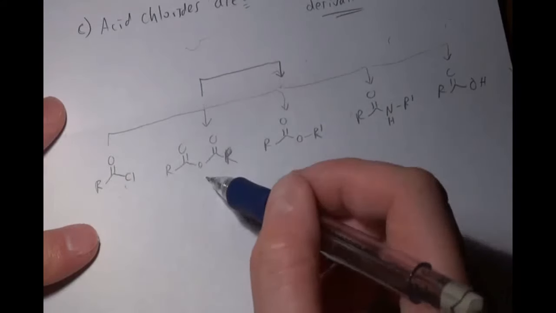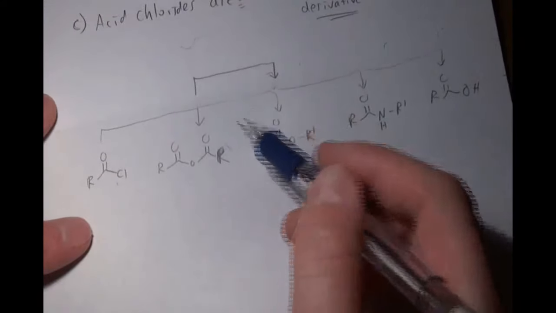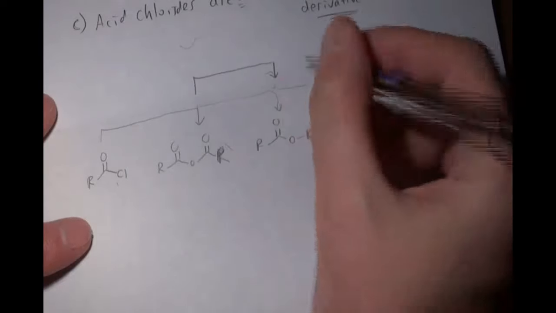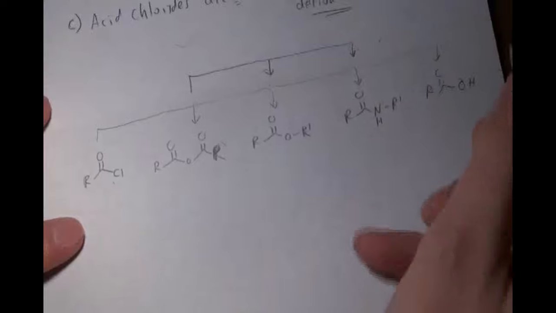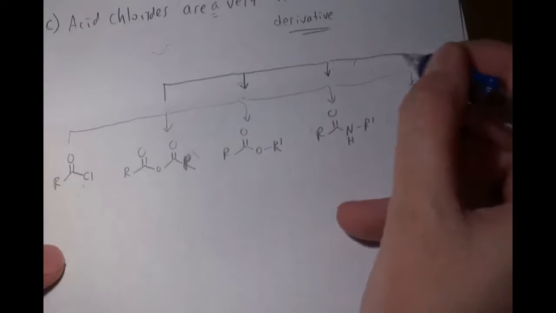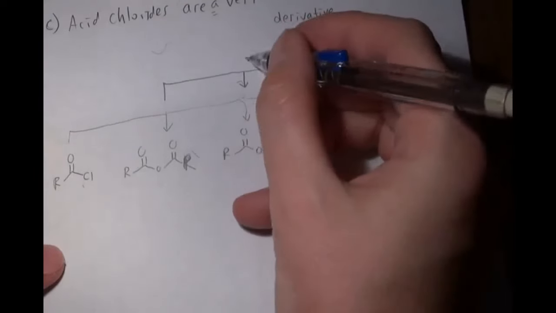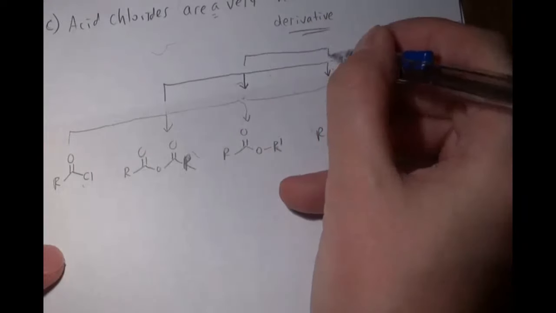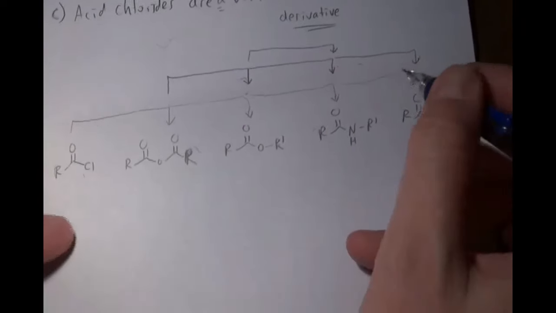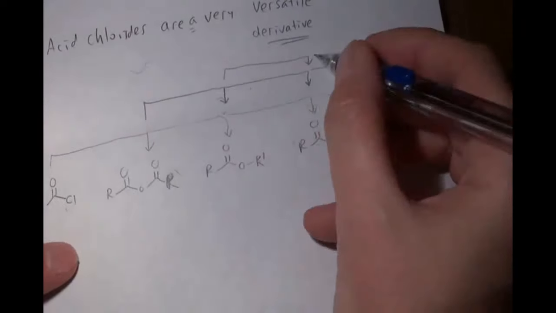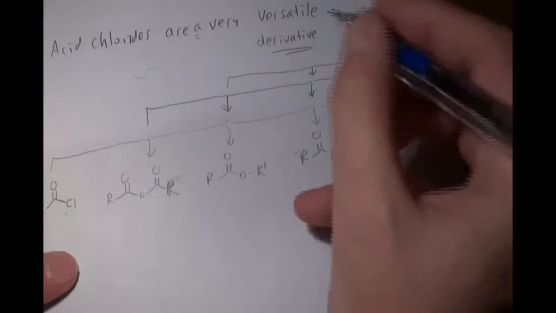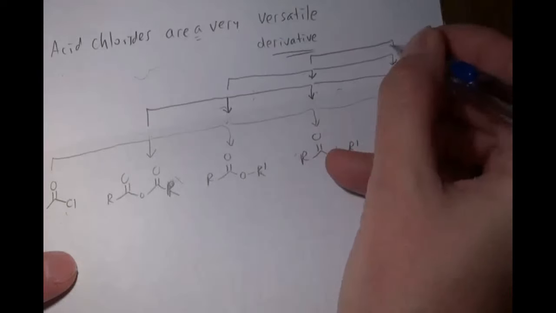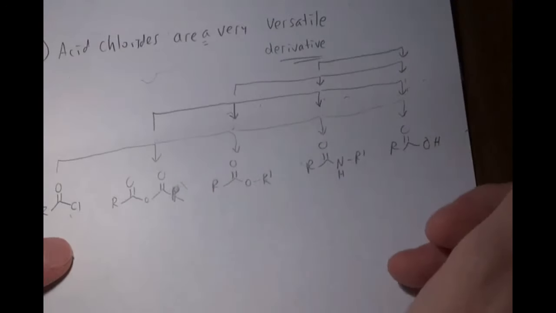It can only make things to its right. So the anhydride can be converted to an ester really easily, or to an amide really easily, or to a carboxylic acid really easily. And an ester can be converted to an amide really easily, or to a carboxylic acid really easily. Okay? And an amide can be converted to a carboxylic acid relatively easily.